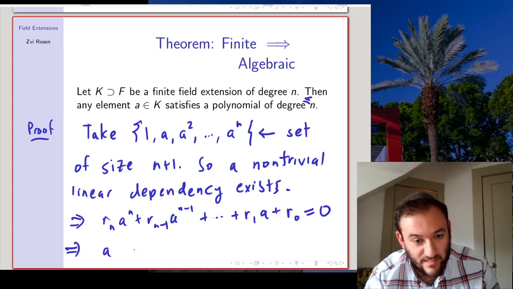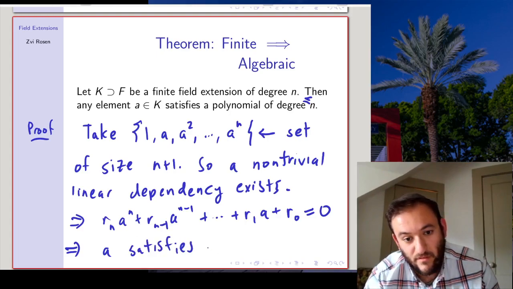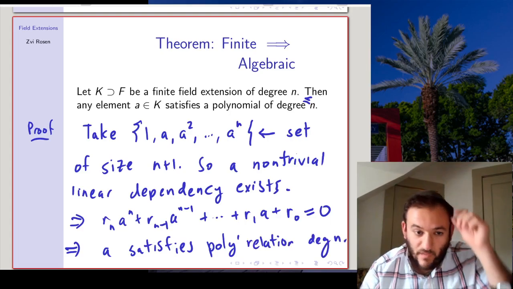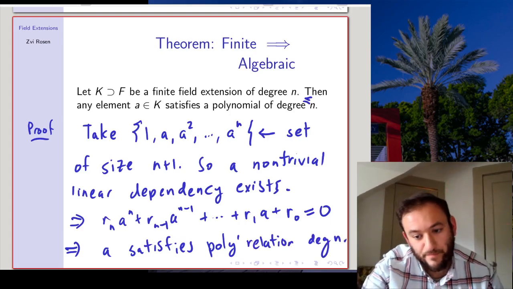A is algebraic and it satisfies a polynomial of degree n. Okay, pretty straightforward.